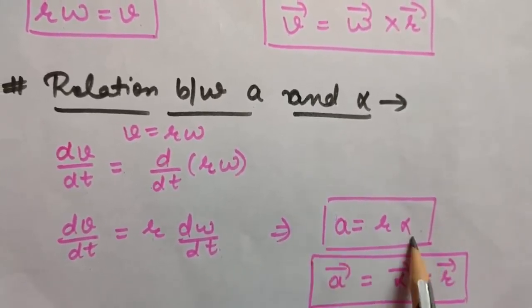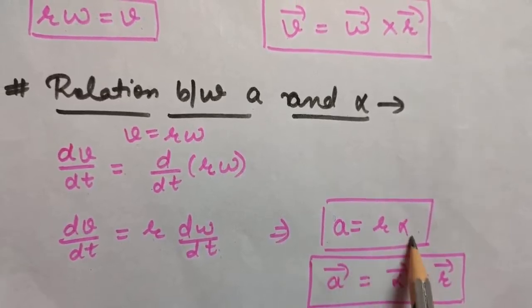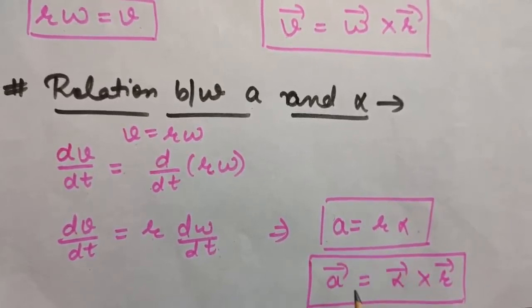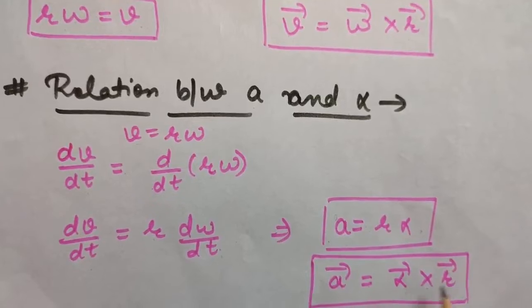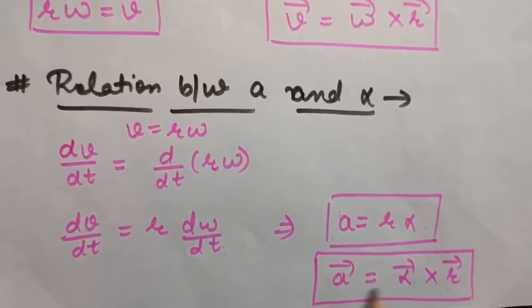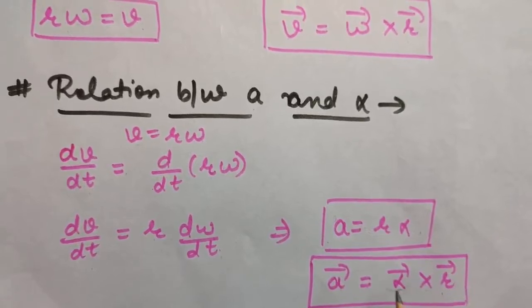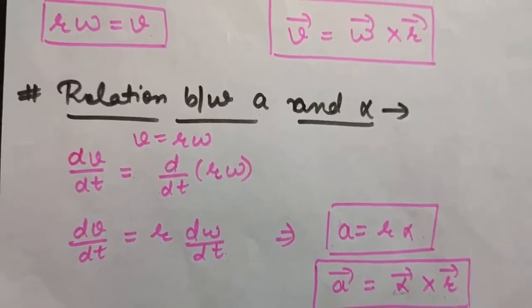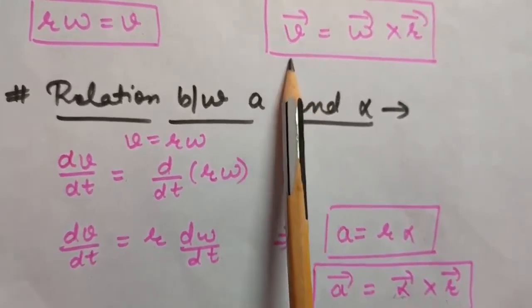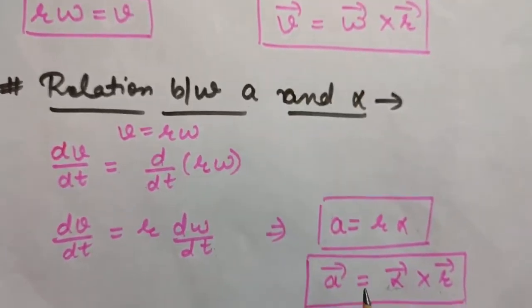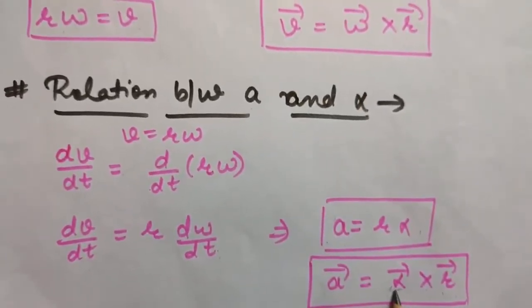So this is the relation: a is equal to r alpha, or in vector form a is equal to alpha cross r. And here also alpha will come first, not r cross alpha but alpha cross r. So this is the relation between linear velocity and angular velocity, and linear acceleration and angular acceleration.